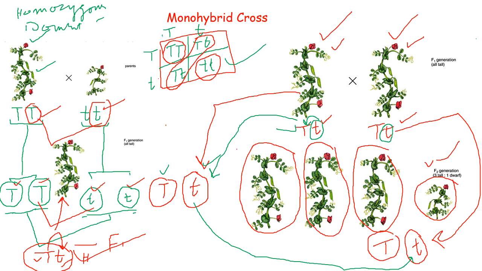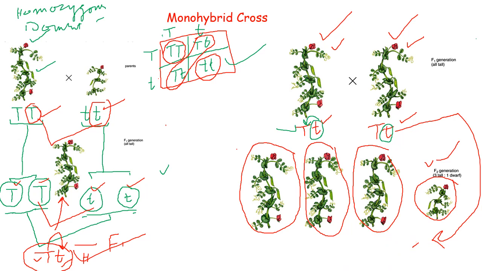The two alleles that are responsible for a particular trait separate during gametogenesis. Now let's quickly look at the genotypic ratio and the phenotypic ratio for the monohybrid cross.